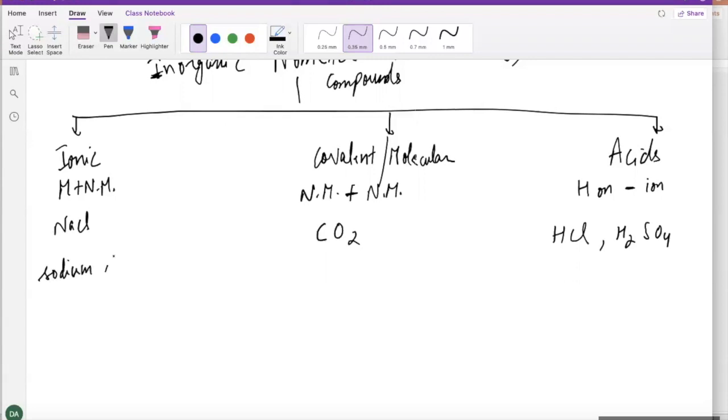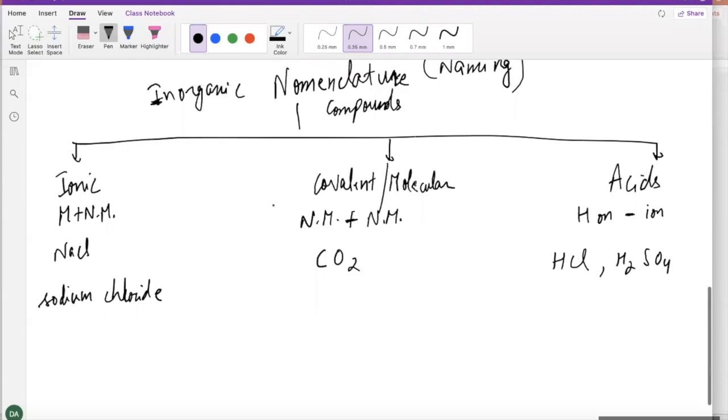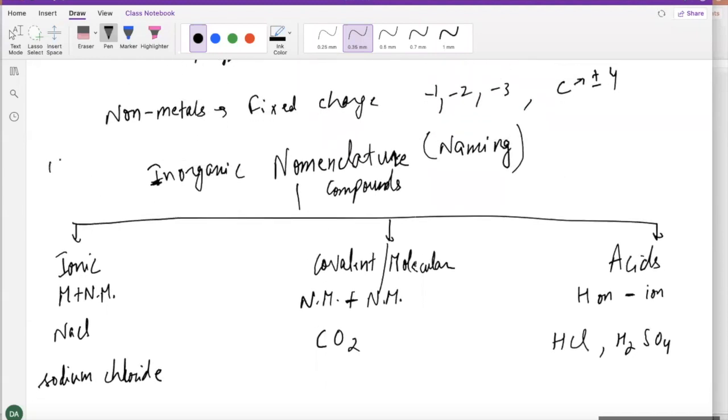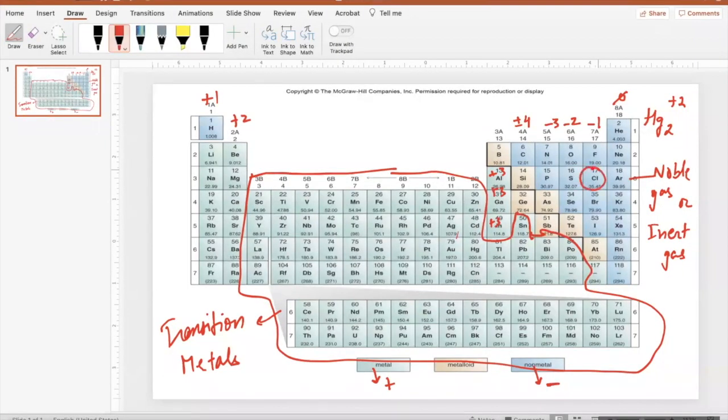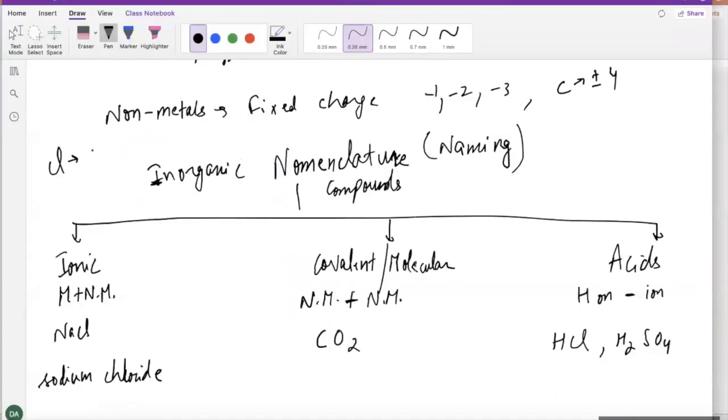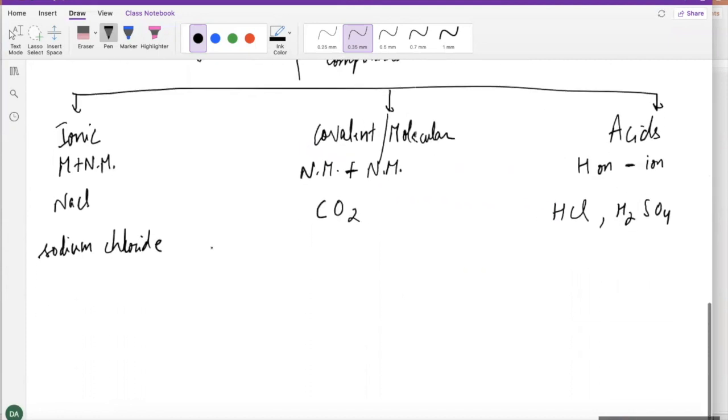So if you ask yourself, what have you done here in naming this? Na is called sodium. You just put it as it is in the name. Cl, guys, Cl actual name is what? If I see Cl on the periodic table like here, this is called chlorine, okay? But when you have Cl as the nonmetal, the second atom in a compound, you change the suffix to IDE.